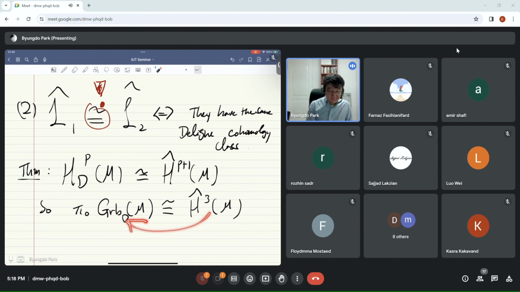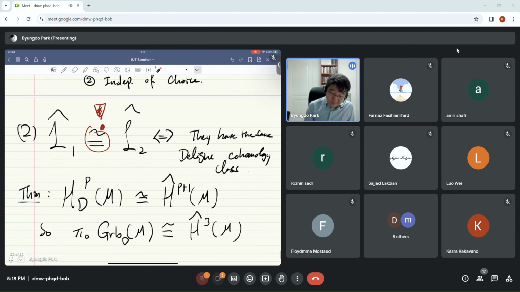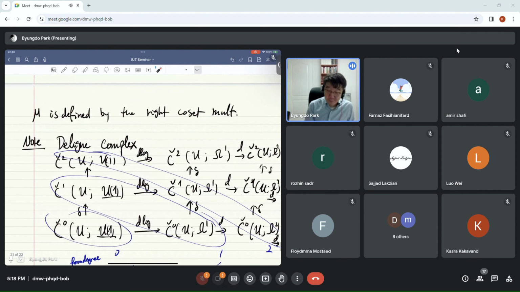And from this, you can also expect what happens if you consider a degree 3 Kleene cocycle. Then that is going to be the Čech data for two-gerbs, right? Two-gerb, not gerb, two-gerb.